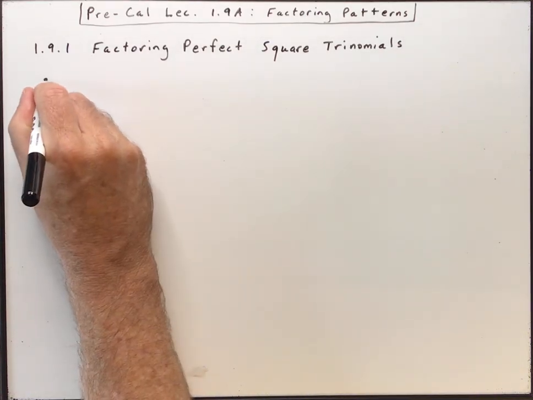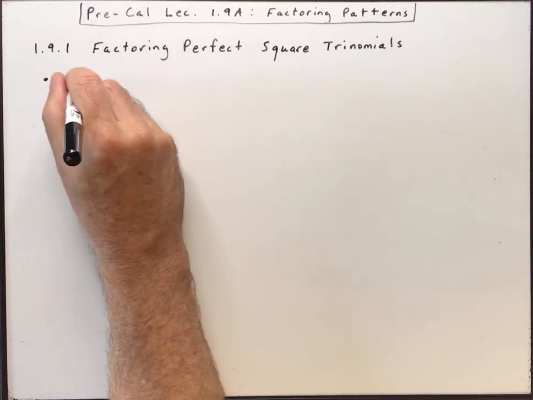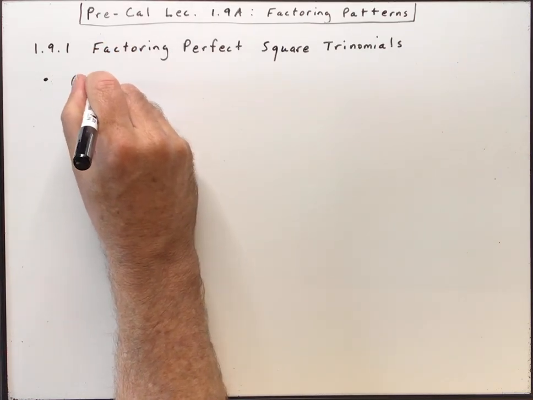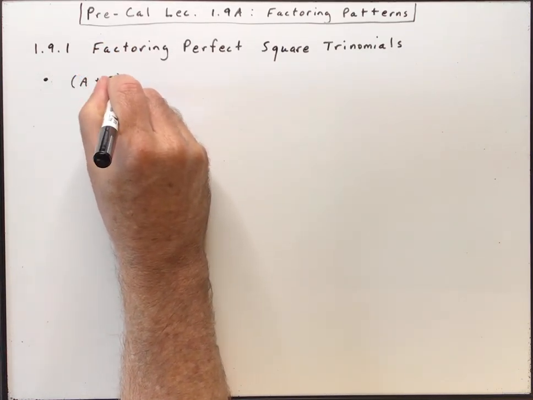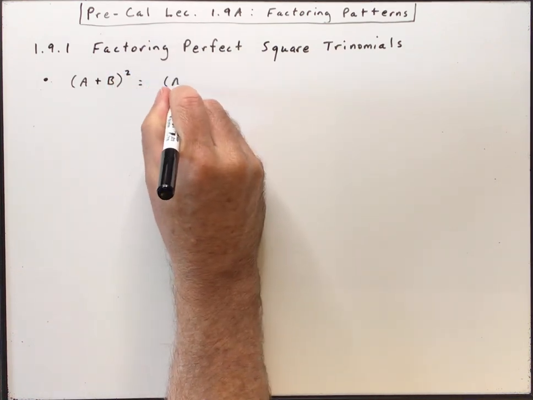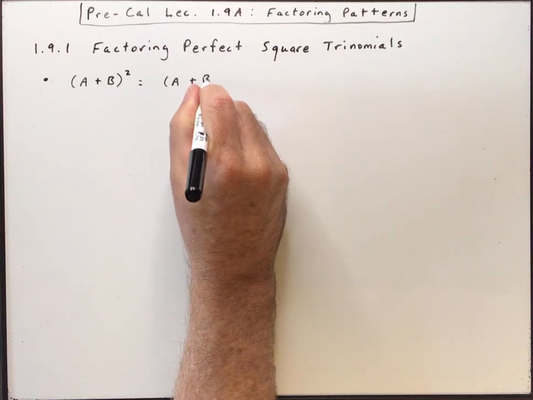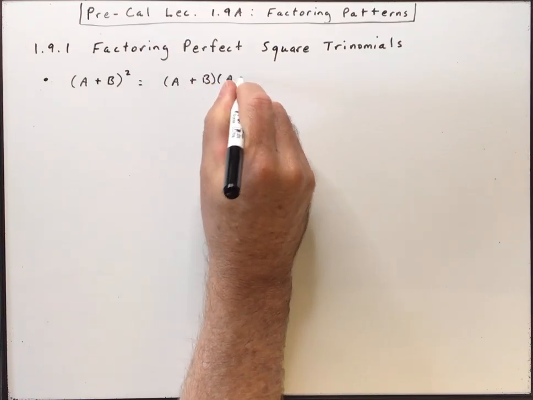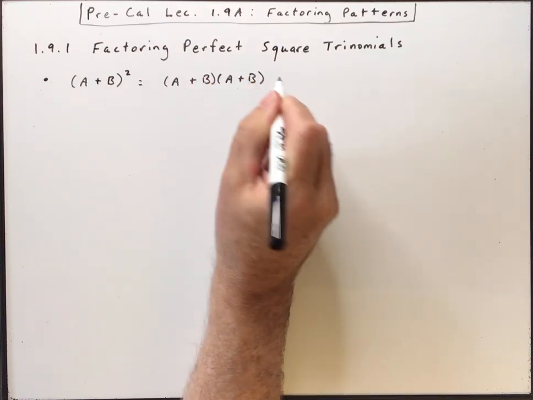So if we have (a + b) all squared, that's the same as (a + b) times (a + b).